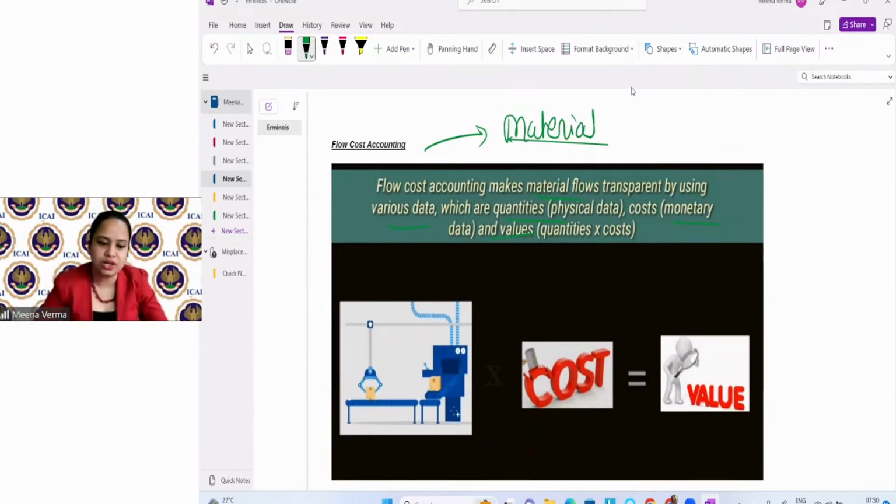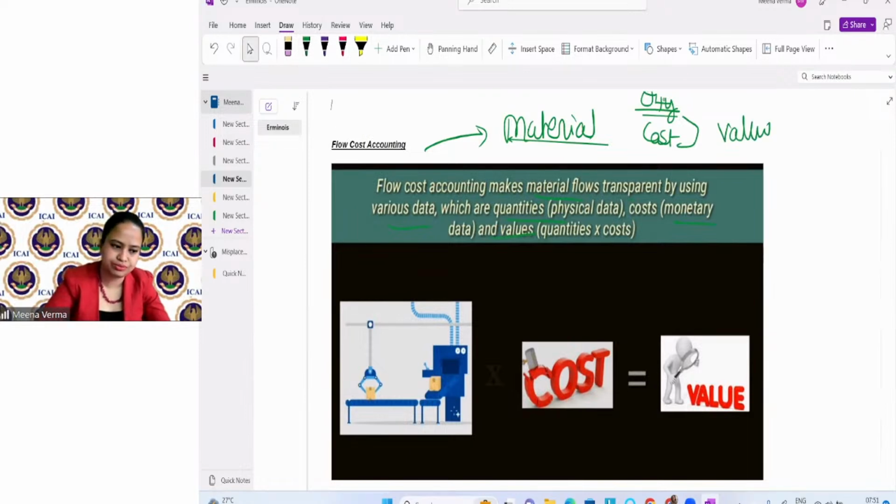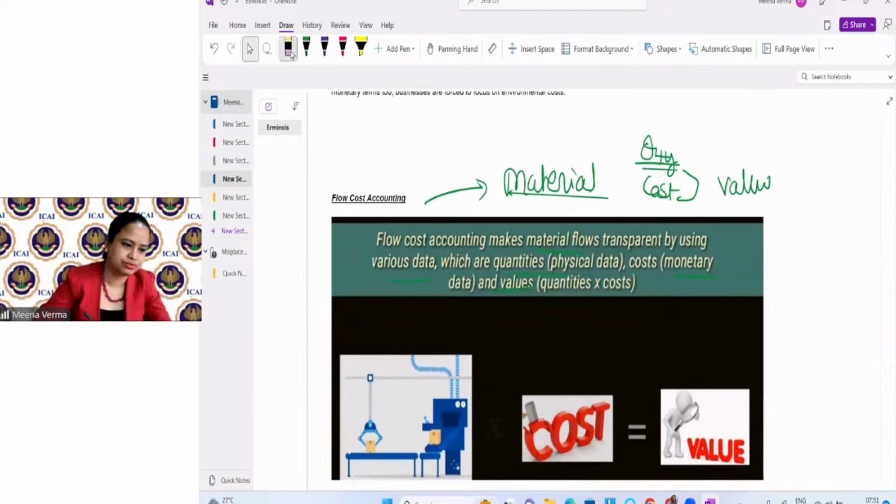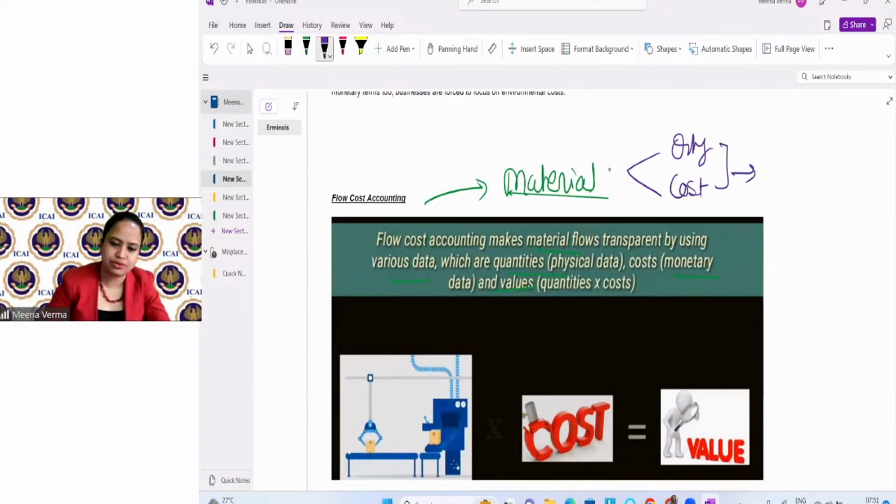What is the quantity of the material which you are using, at what cost, and what is the total value of these raw materials? So we have to study about the material, how much quantity we are using, what is the cost, and what is their total value, right? We will study about it.